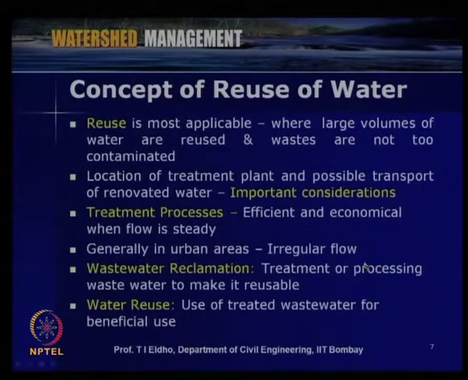Now, as far as wastewater reclamation is concerned, we have to give appropriate treatment or processing before making it reusable. This issue we have already discussed in the last lecture. As far as water reuse is concerned, we have to see the use of treated wastewater for beneficial use.